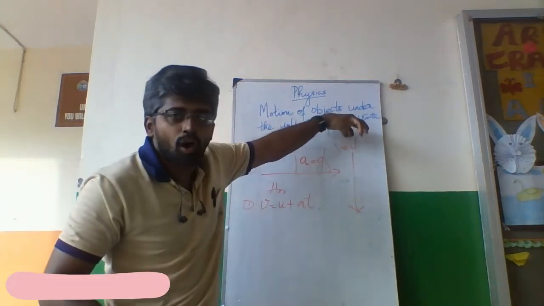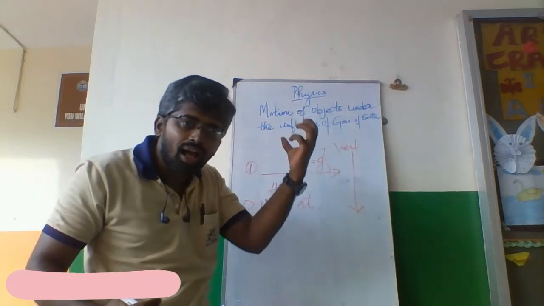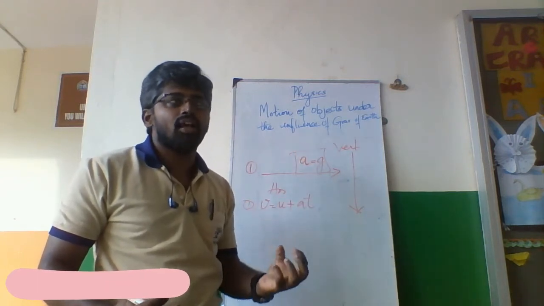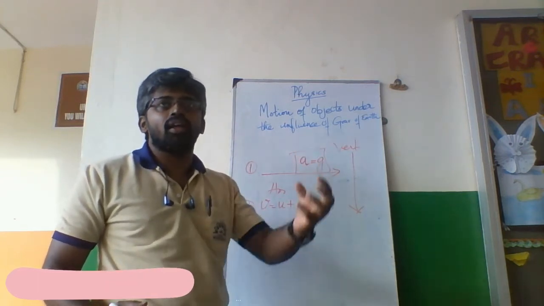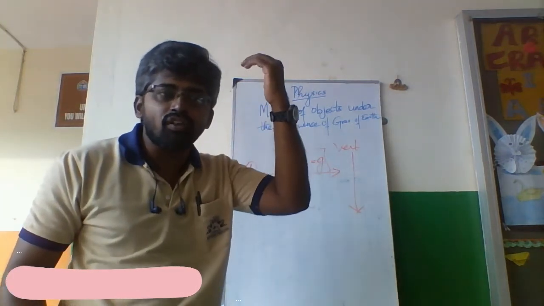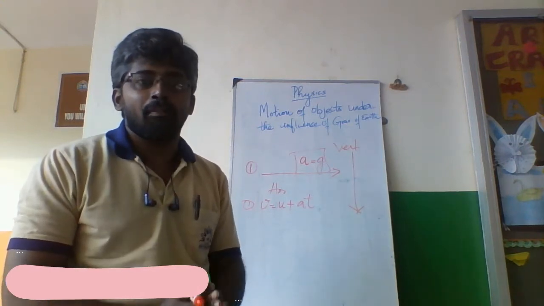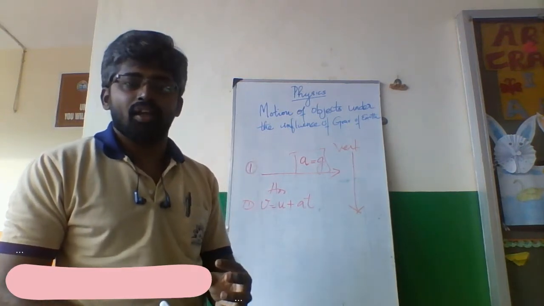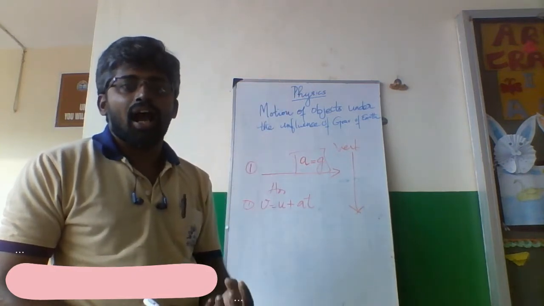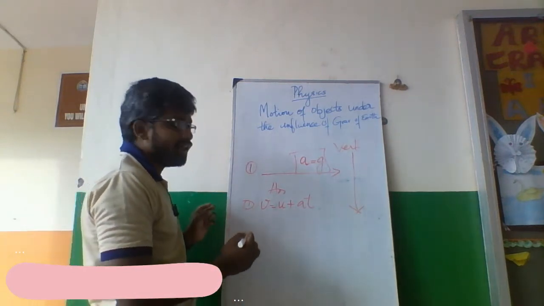So whenever an object is under gravity, the earth will attract the object towards it. Whenever we throw an object upward, it will come downward with an acceleration, because it has mass. Because it has mass, it develops an acceleration, and that acceleration due to gravity is calculated.